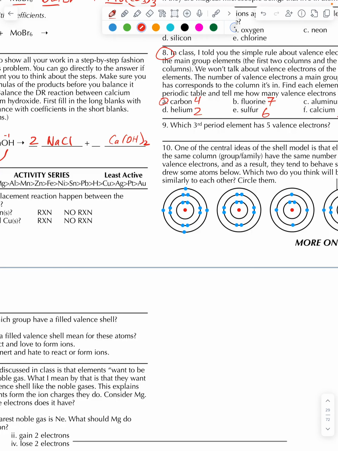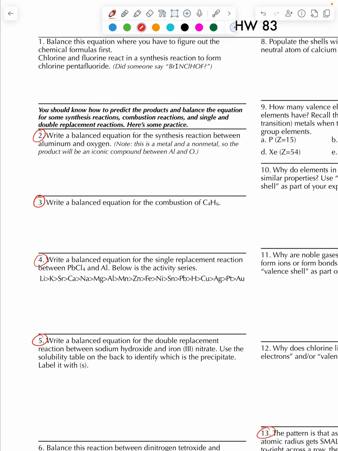Let's go to 83. I skipped that. So again, let's practice a little bit these ones where you have to write the products, or maybe even write the reactants and the products. So write the balanced equation for the synthesis reaction between aluminum and oxygen. What's going to be the chemical formula of the product formed between these?